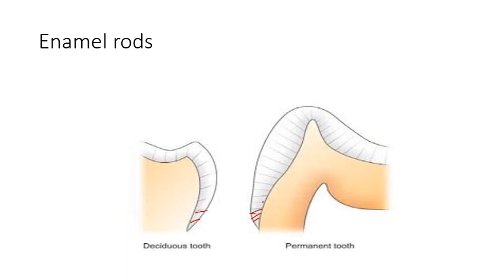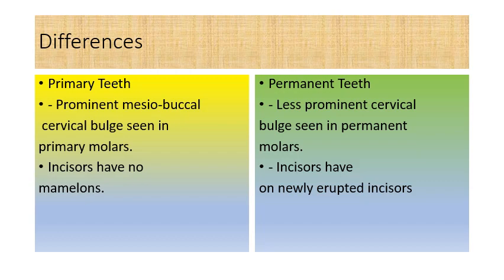Understand? Okay. Now the primary teeth are more prominent; the mesiobuccal cervical ridge is seen, and it is more common in the primary teeth as compared to the permanent teeth. ठीक है, they are less prominent in permanent teeth.